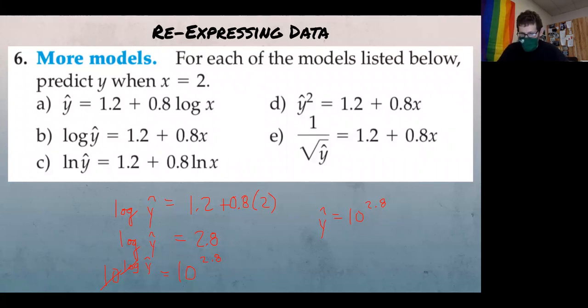There's actually a function on your calculator. If you go to your log button and you do second, you can just raise to the 2.8 power. So go ahead, shout out or write down what you find when you get that.